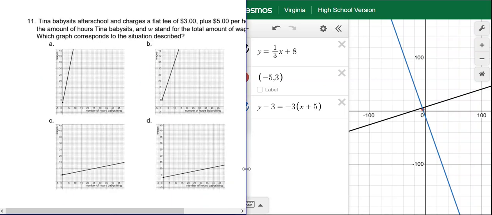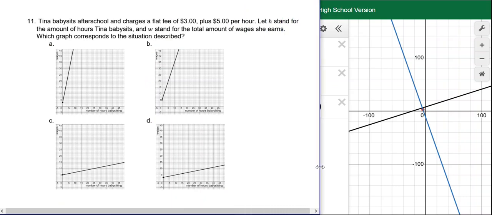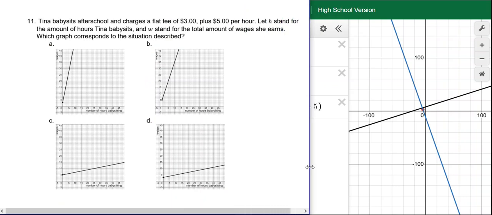Okay, so this one, it's a word problem. It's been a while since we've done word problems in class, but let's see what we have. So, Tina babysits after school and charges a flat rate of $3 plus $5 per hour. Let H stand for the amount of hours Tina babysits, and W stand for the total amount of wages that she earns.